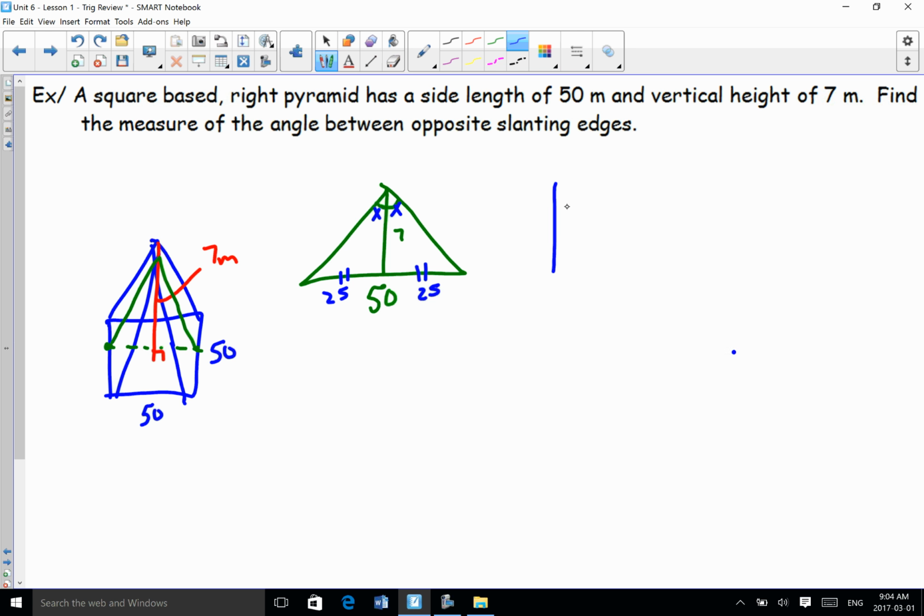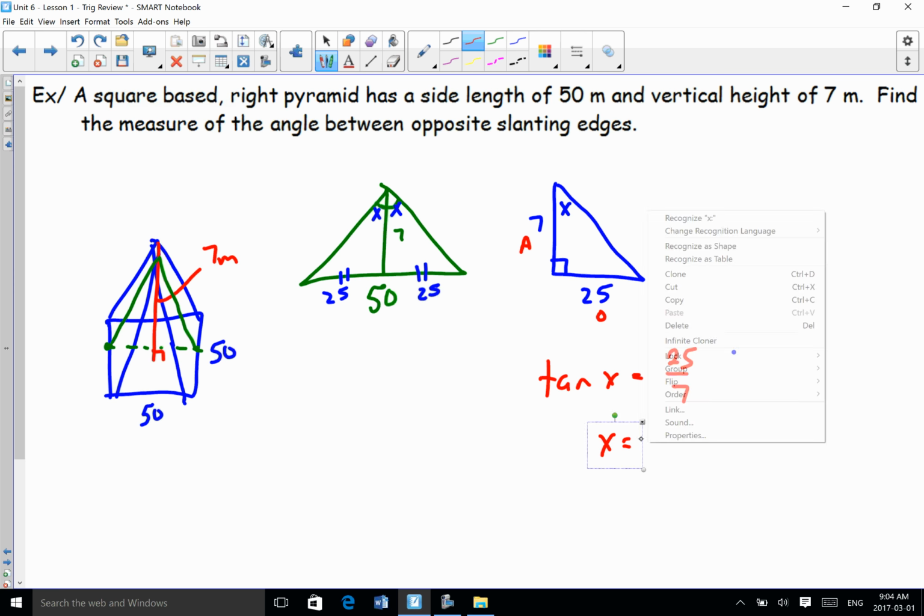So let's take a look at that picture for a second. If I just go to one side, I've got an x, a 7, a 25. And this is right angles. Well, that goes back to SOHCAHTOA where we started today. Opposite, adjacent, tan x equals 25 over 7. Inverse question because I am missing my angle.